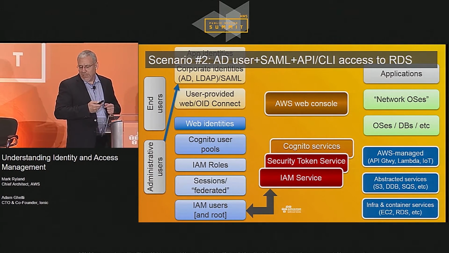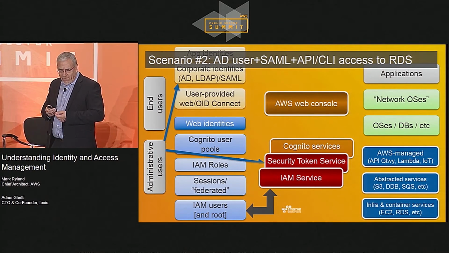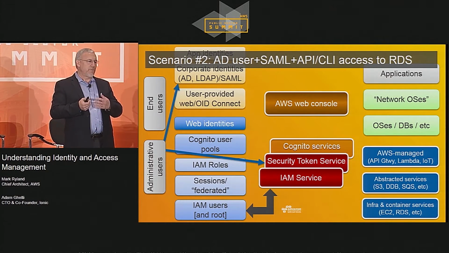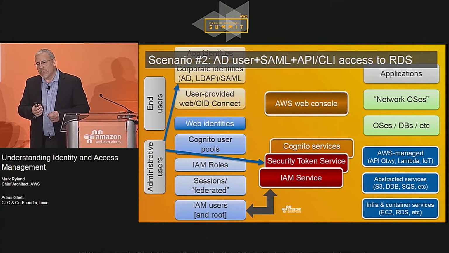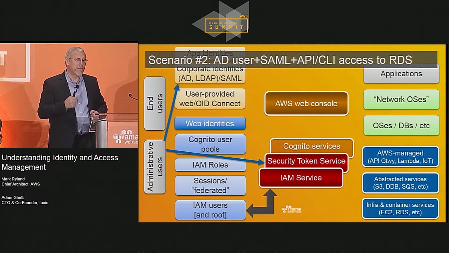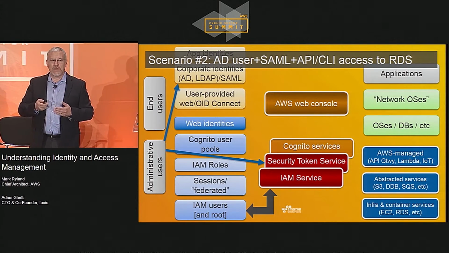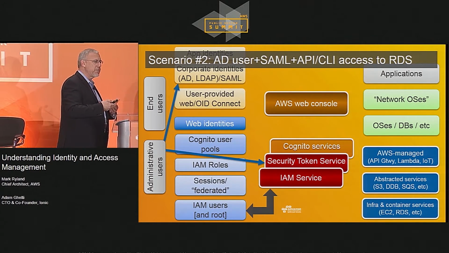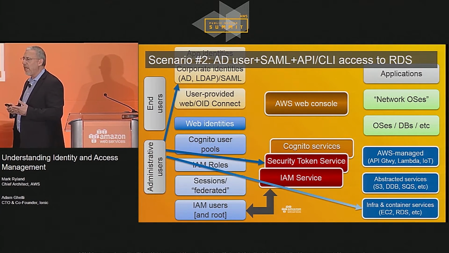So in this case, I'll go to my SAML endpoint, get back a SAML token, call the STS directly now using command line tools. I'm not using the console. Security token service, I trade my SAML token in, I get back an Amazon token. The command line tool then has some little features that enable you to essentially assume the role that token represents and then call the API, in this case RDS.